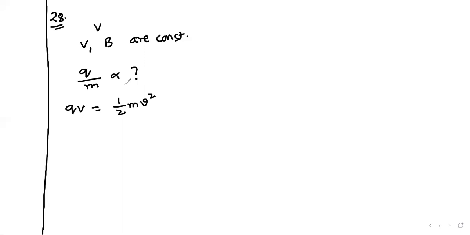Since potential is constant, I can write it as mv square by 2 times V. Now, with respect to the magnetic force, it is Bqv.